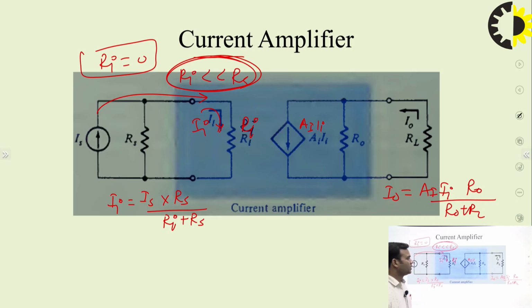That means RL should be as minimum as possible.